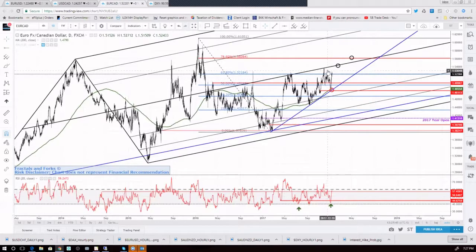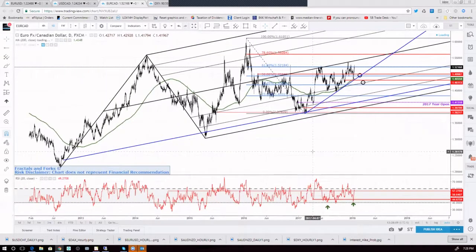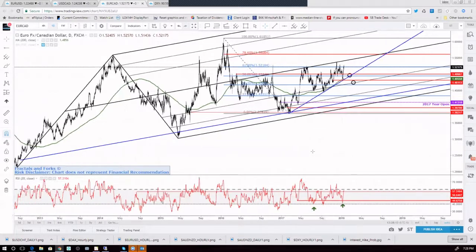It went back again. Another rejection. Another rejection. Maybe it's time that this thing, let me just put this here, drops. Even though with euro strength, the CAD, because it's a rate decision, that should also move this pair.